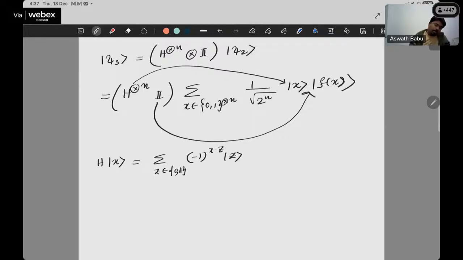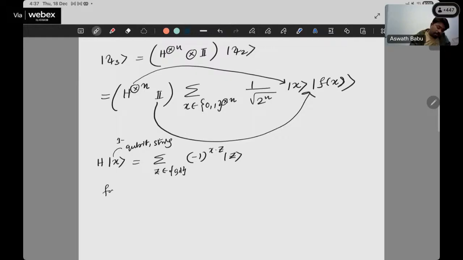If x is a one-qubit string, the input can be 0 or 1. If it's a 2-qubit bit string, I'll change the right hand side.